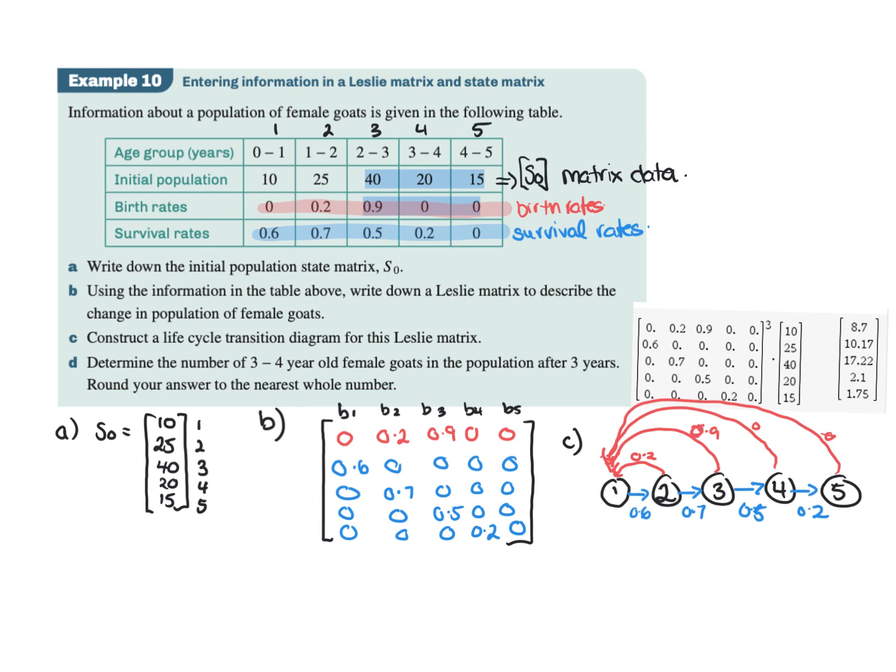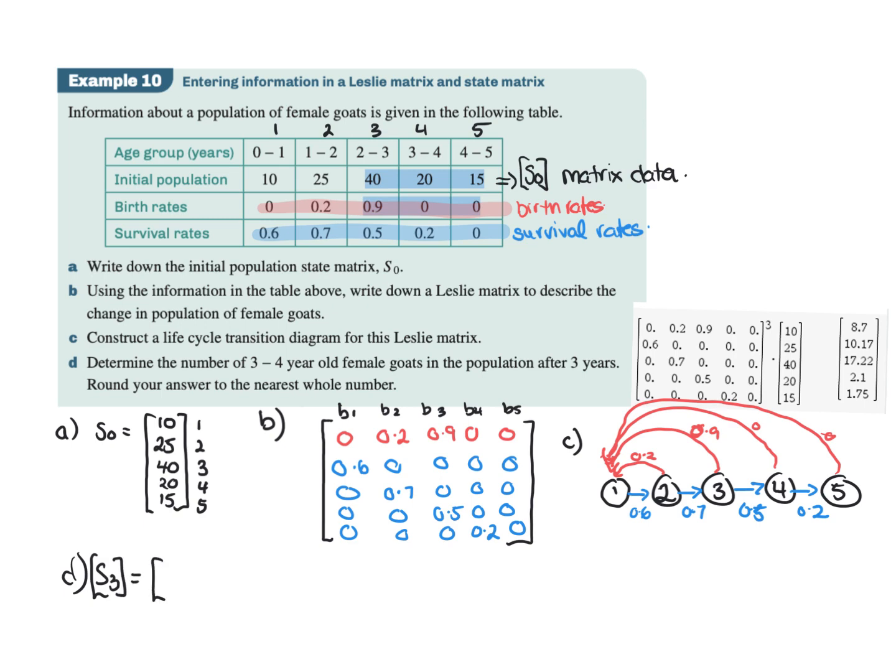Okay. All right, and then the next one, D, it's asking us to determine the number of 3 to 4 year olds. So that's the fourth group of goats in the population after 3 years. So that really means they want state 3.